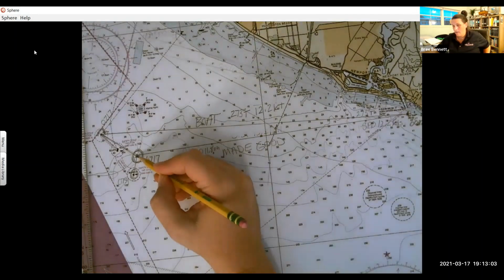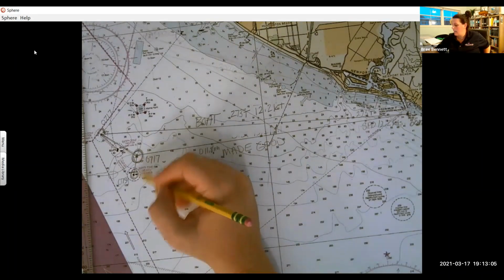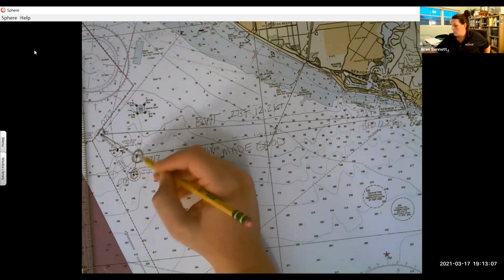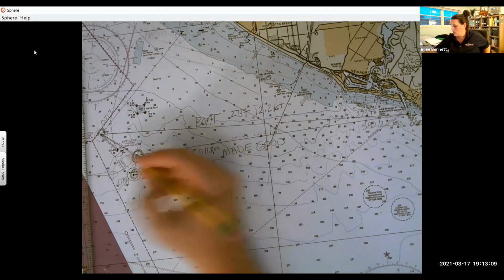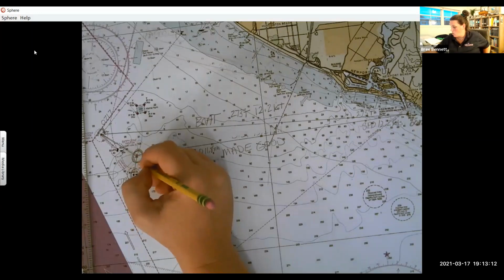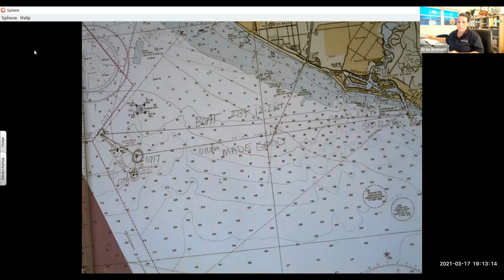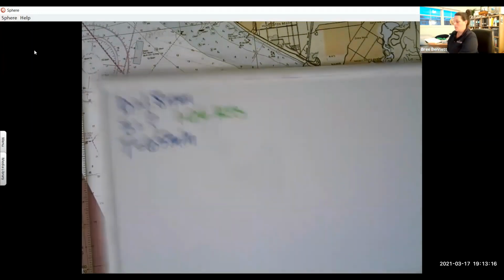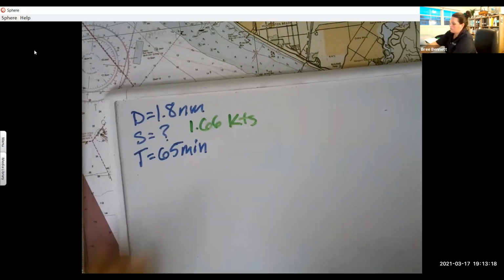So if we started here and ended here, that would make this line our course made good. I'm going to make this a little bigger so we can see what I'm labeling.